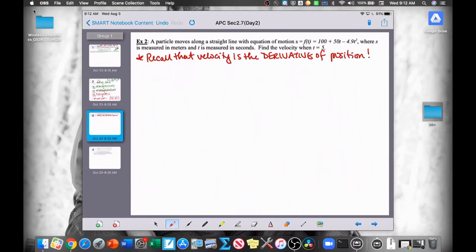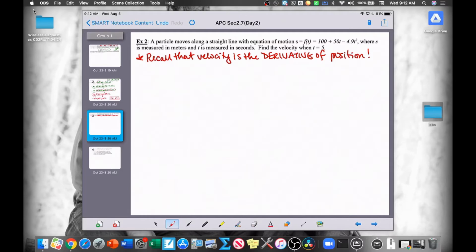So if we know we have a position function, then we need to find the derivative at x equals 5 or at a equals 5, or at t equals 5, whatever variable you want to use. We want to find the velocity when t is 5, so that's going to be the derivative of the function at the point 5.